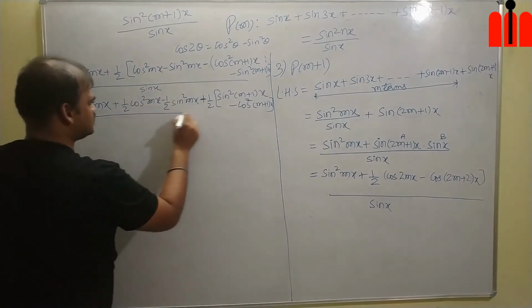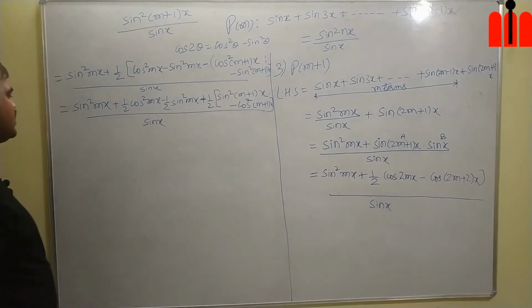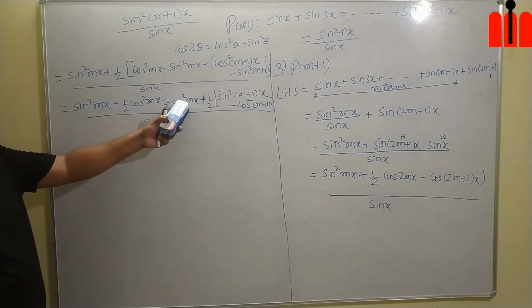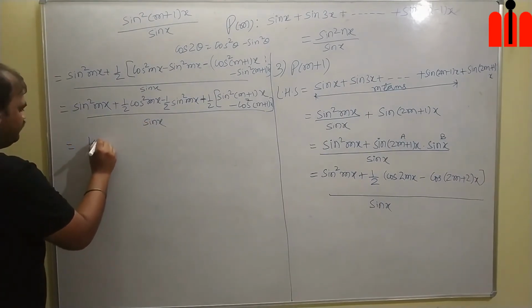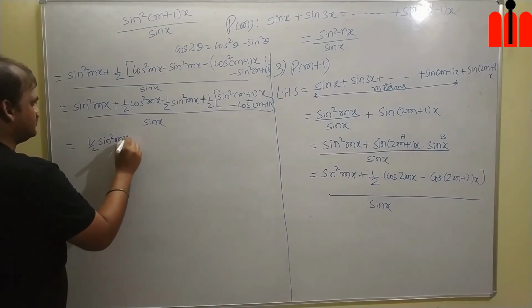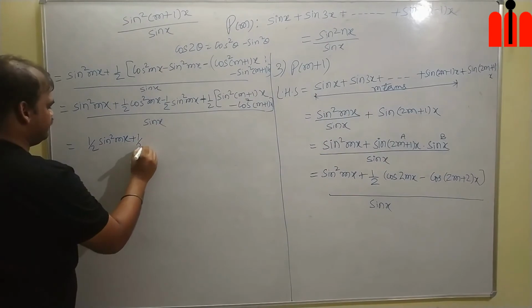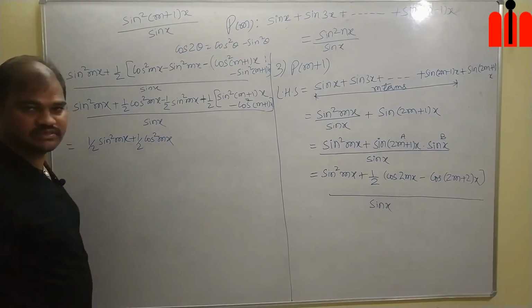So let's have a denominator here which is sin x. Okay, so this sin square mx and this minus half sin square mx will become half sin square mx plus half cos square mx, right?